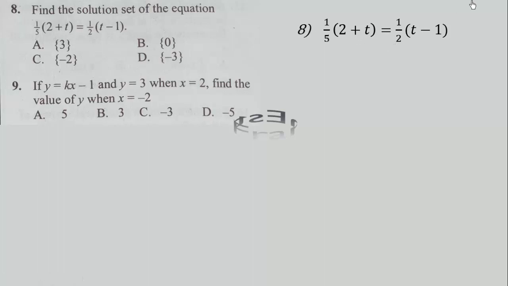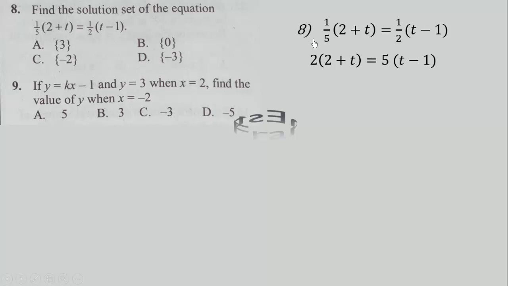Then we multiply through by 10, or we can simply cross multiply, 5 times this side and 2 times this side, and that will give us this expression: 2 into bracket 2 plus t bracket close is equal to 5 into bracket t minus 1 bracket close.